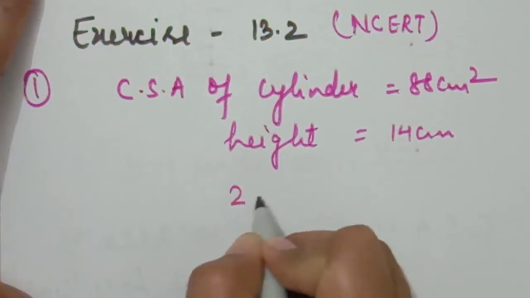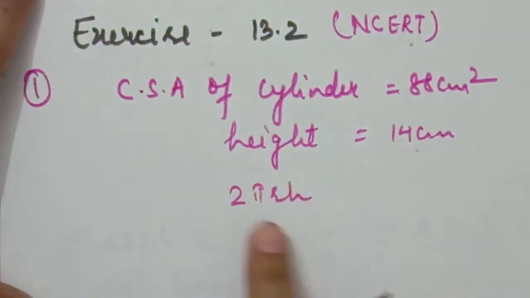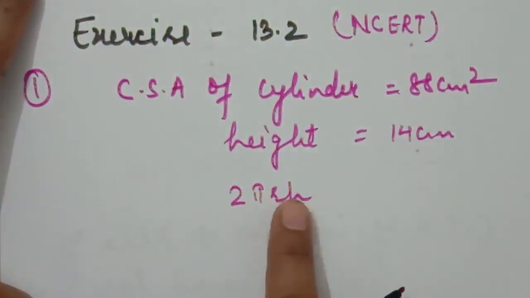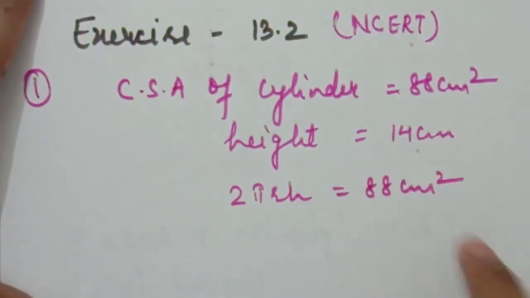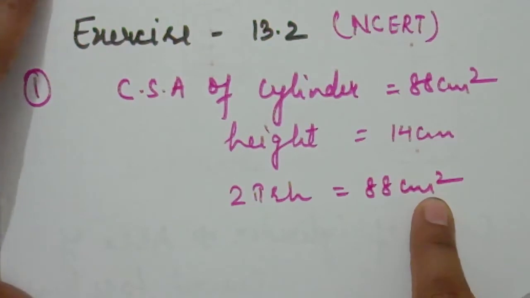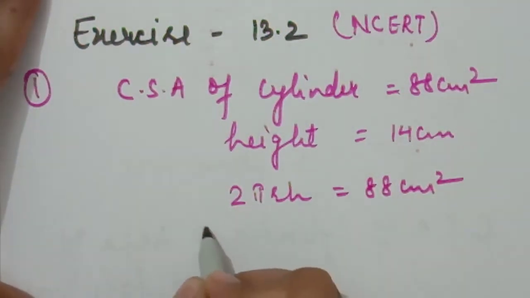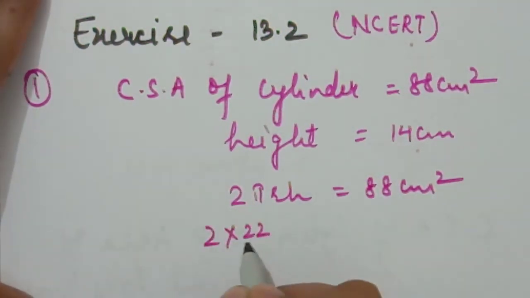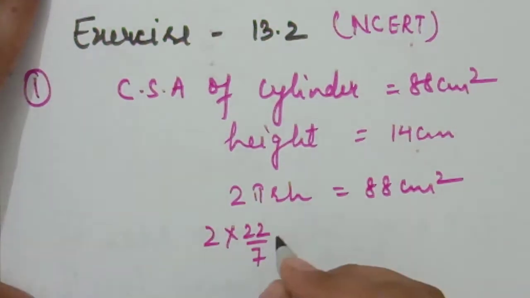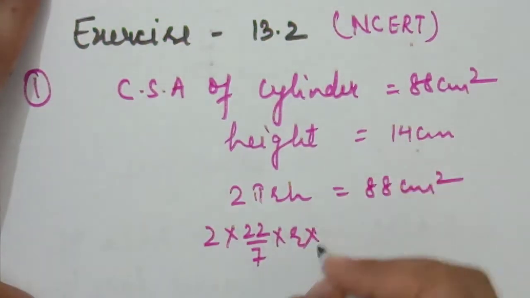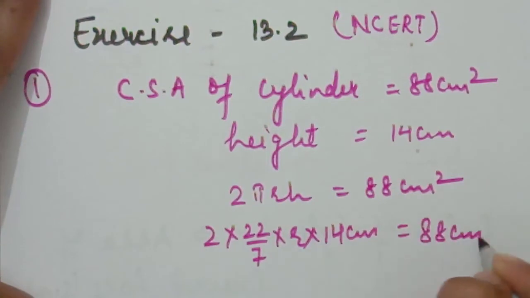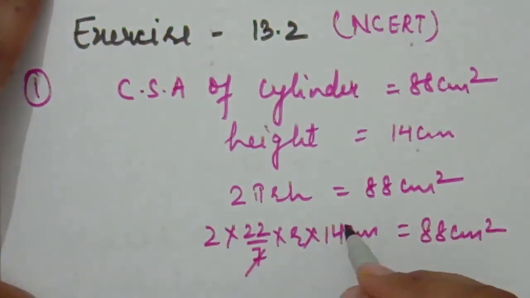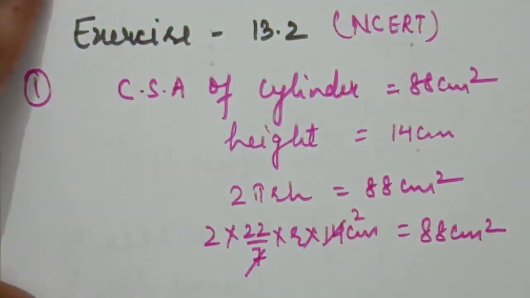We know it very well that the curved surface area of the cylinder is 2 pi r h. Here r is the radius, h is the height of the cylinder, and the area is 88 centimeter square. Unit, don't forget. Now we will put the values. So pi is 22 upon 7, r we don't know, h is 14 centimeter, which is equal to 88 centimeter square. Now we will solve. 7 1 is 7, 7 2 is 14.